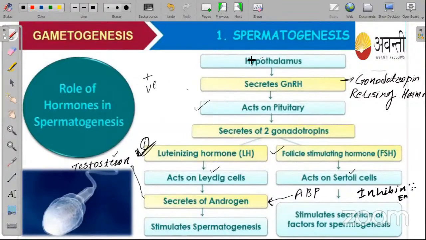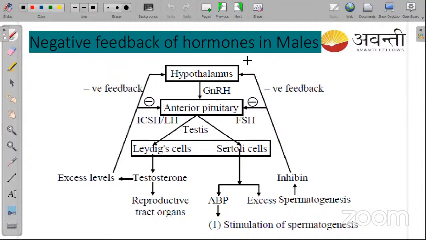Here we can see the negative feedback of hormones. First of all, what is negative feedback, guys? If the amount of testosterone in this case increases in the system or in the testis, then after some time the reaction gets stopped. How does the reaction get stopped? Some chemicals or substances which increase in this process are responsible for negative feedback.